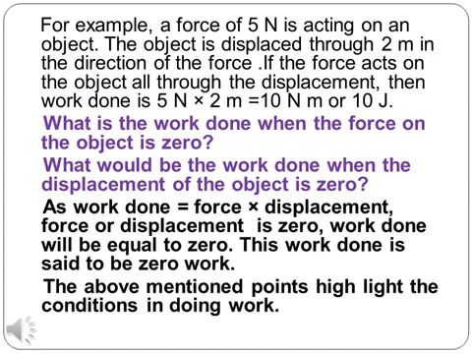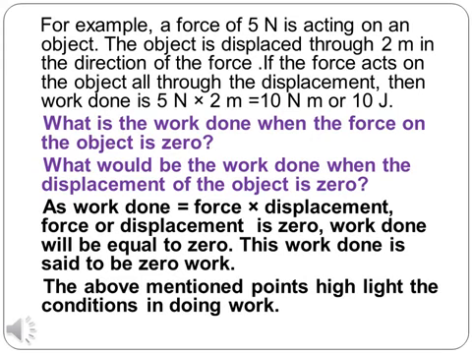If the force acts on the object all through the displacement, the work done W is equal to force into displacement, which is equal to 5 Newton into 2 meter, which is equal to 10 Newton meter, which is equal to 10 joule.